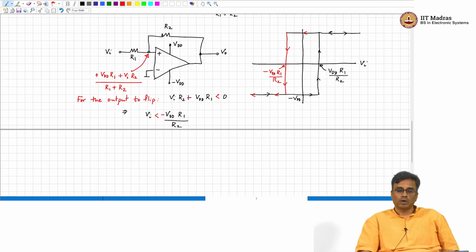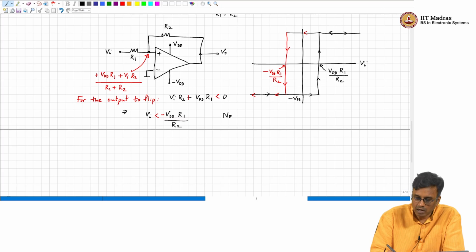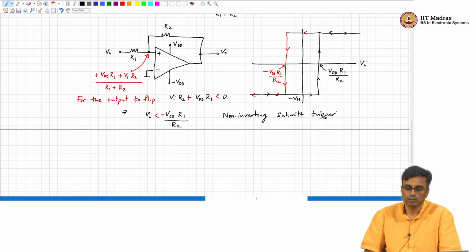So, this is now a non-inverting Schmitt trigger.